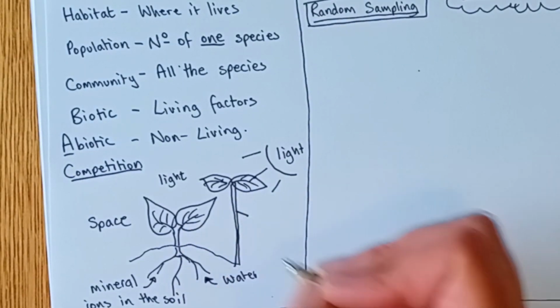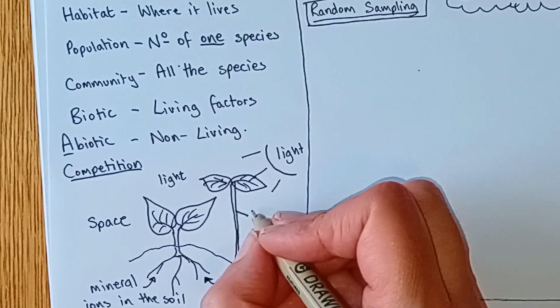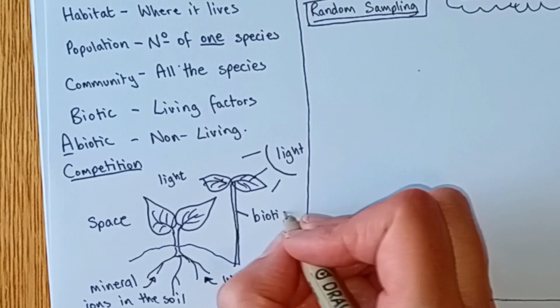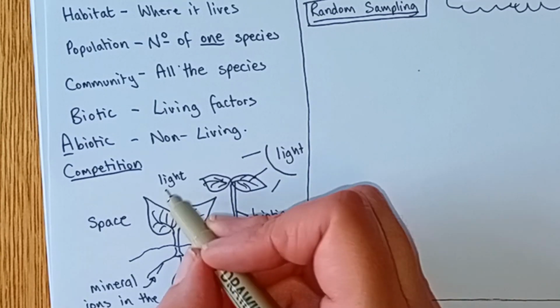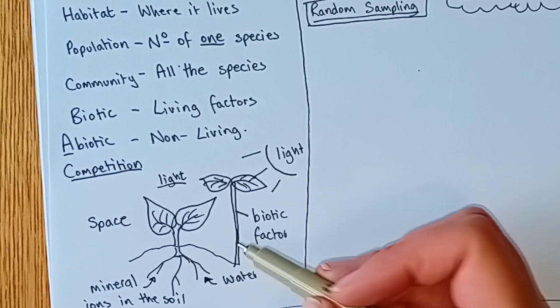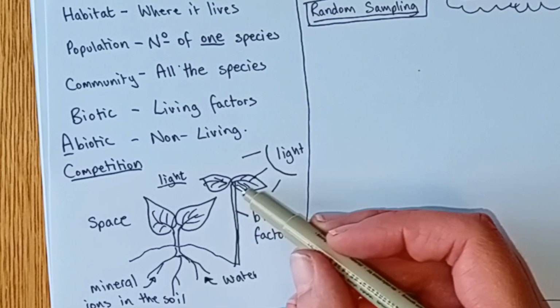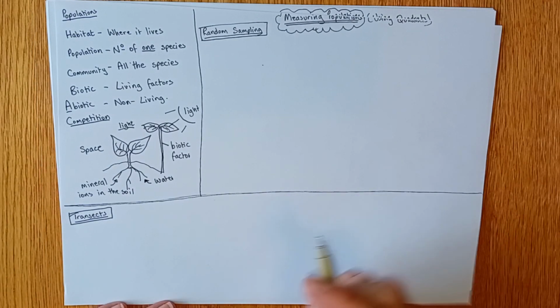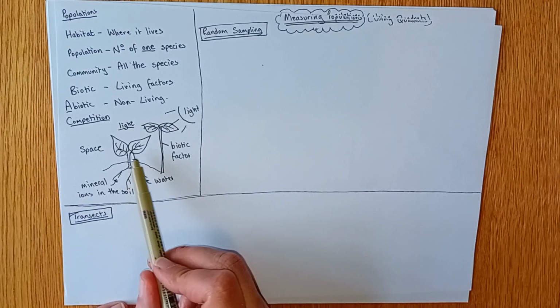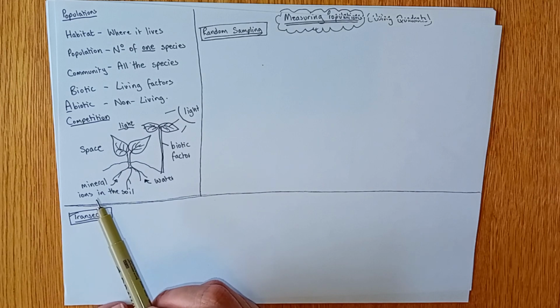So competition between another plant would be a biotic factor, because that is blocking the light. The light itself is abiotic, but the plant that's grown there blocking the light from reaching that one's leaves is biotic.